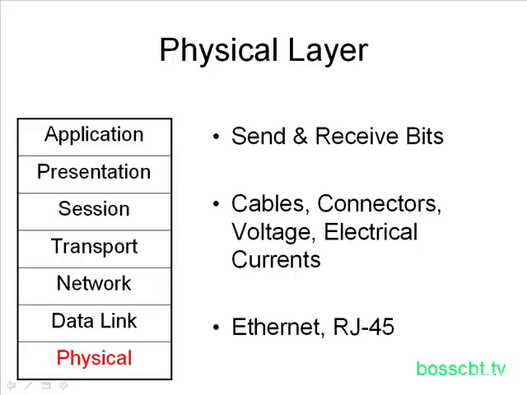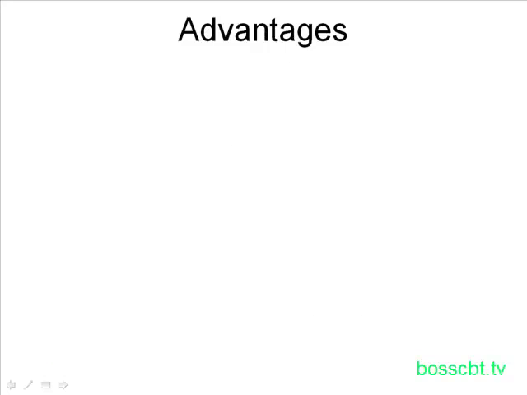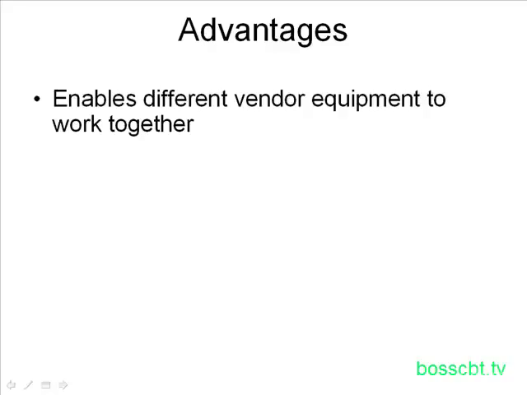All right, so that is the last layer of the OSI model. Let's take a look briefly at some of the reasons why we want to use this model. Now, these advantages or benefits of using a model are the same as those we talked about when we discussed the TCP/IP model. In other words, as consumers, we get some comfort in knowing that different vendors of the same type of equipment will work together.